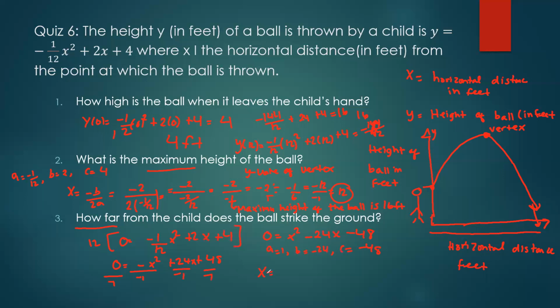I'm going to save you guys time. When I put it in the quadratic formula, I get two values: negative 1.856, and the other one is 25.856. You can exclude negative 1.856 because you can't have a negative horizontal distance. It wouldn't make sense because we start at 0.